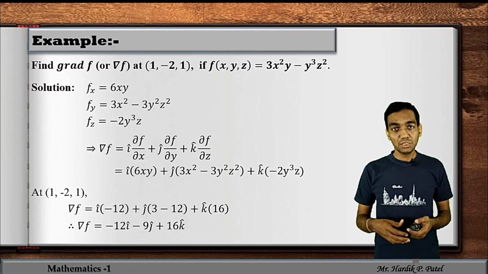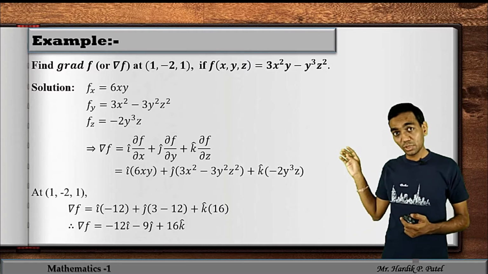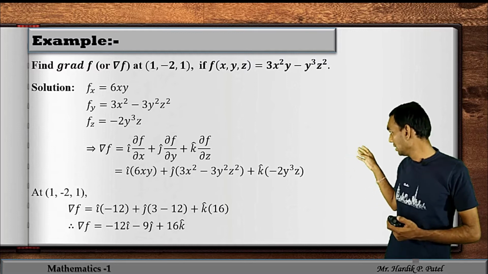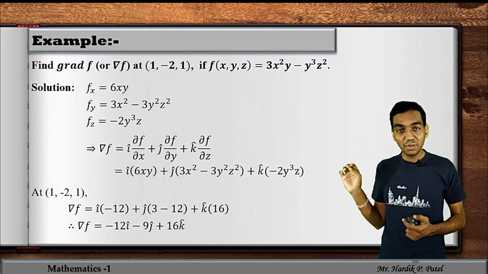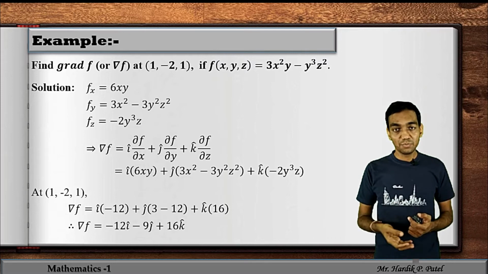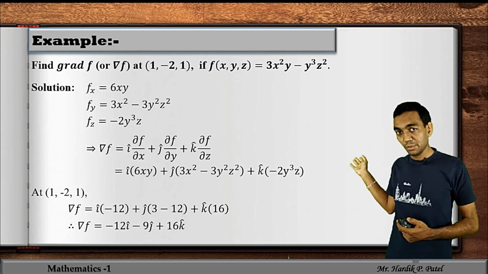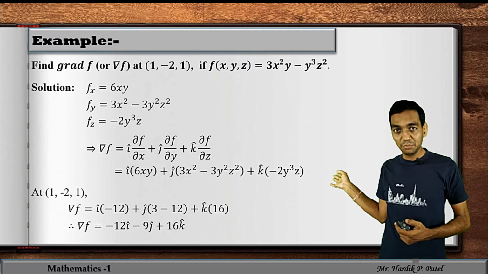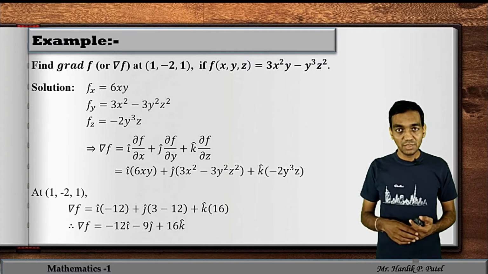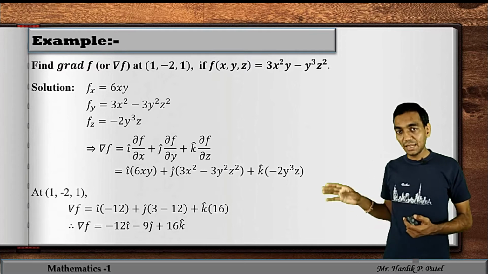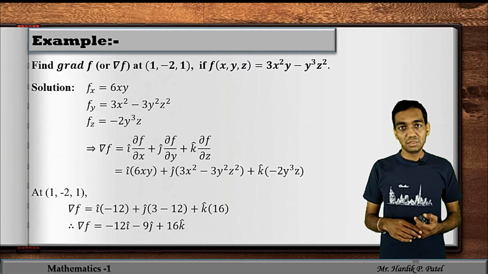Now using the definition of gradient, grad f has the value i into del f by del x plus j into del f by del y plus k into del f by del z. That means it is i into 6xy plus j into (3x squared minus 3y squared z squared) plus k into minus 2y cubed z.